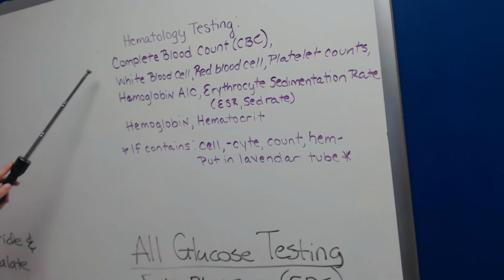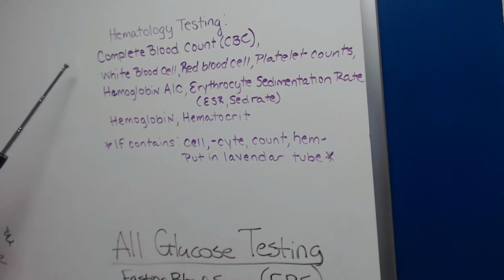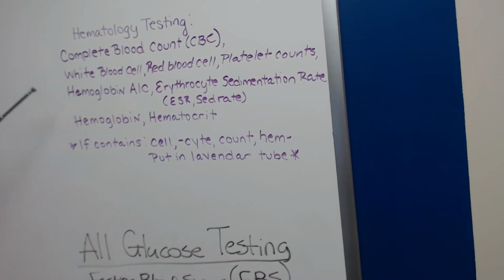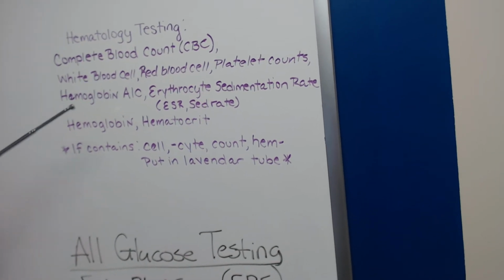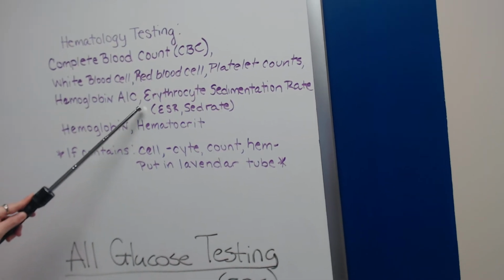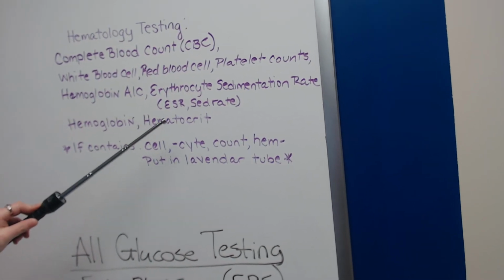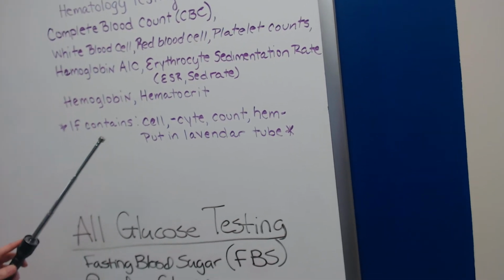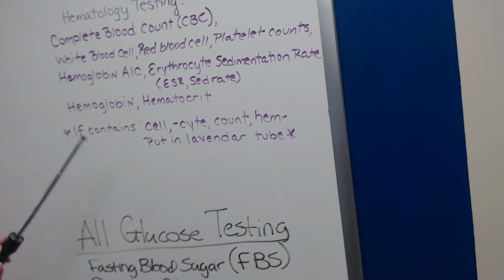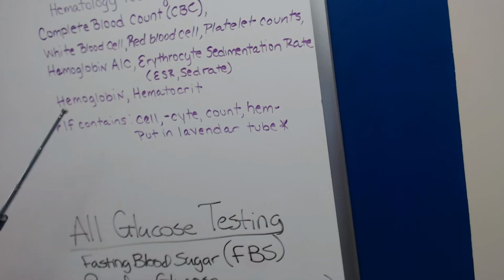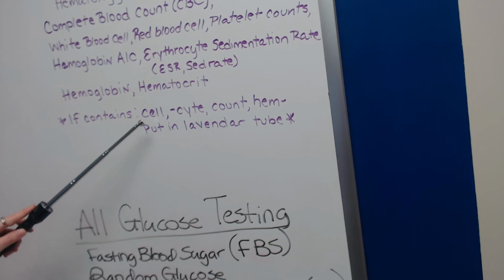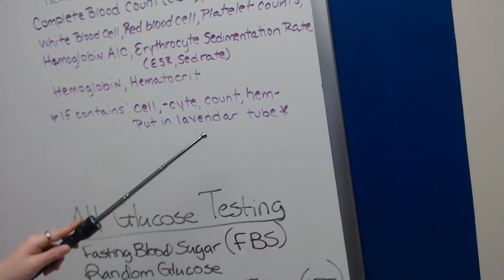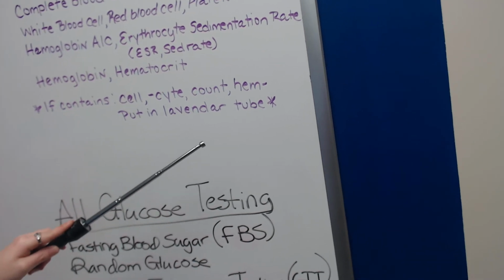Examples are a complete blood cell count, which is a CBC, white blood cells, red blood cells, platelet counts, a hemoglobin A1C, or an erythrocyte sedimentation rate, which we abbreviate ESR or SED rate, and lastly hemoglobin and hematocrits. There's a lot of tests that go into the lavender tube. So I say if it has the word cell in it, if it has the suffix site, if it has the word count, or if it has the prefix heme, you put it in the lavender tube.